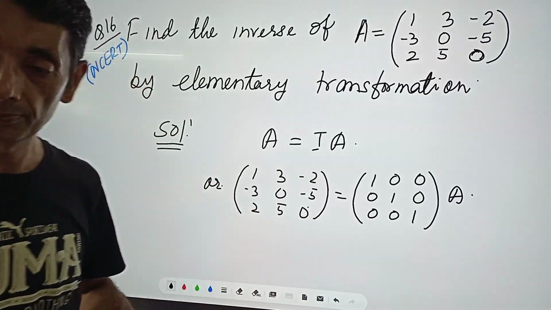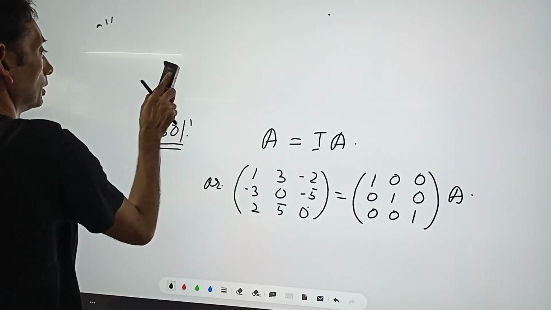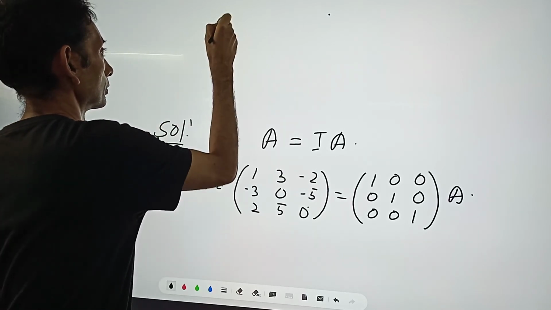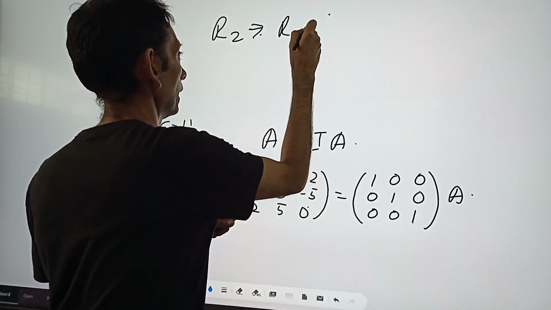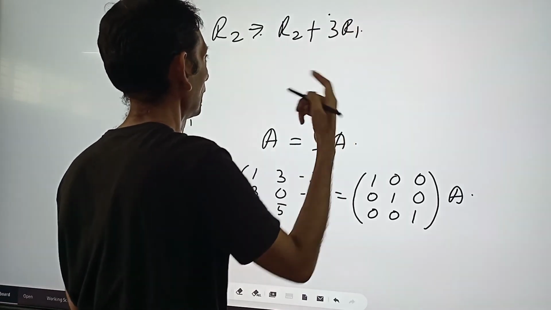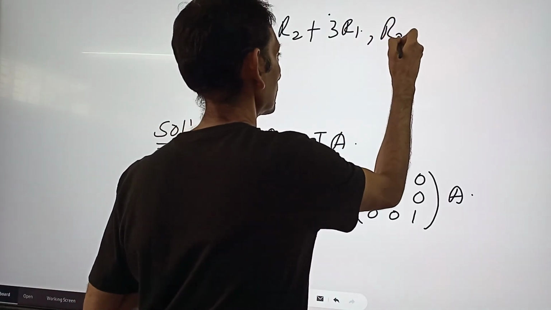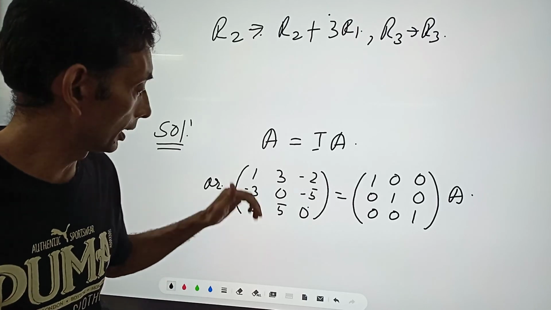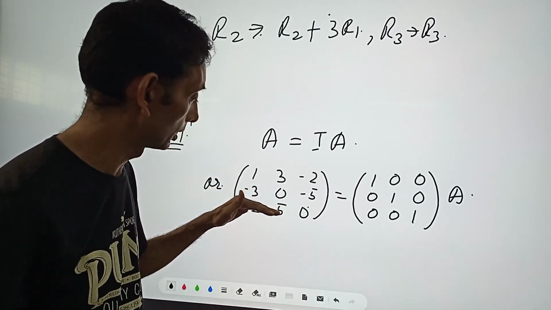You can use these operations together. For R2, we change R2 to R2 plus 3 R1, multiplying the first row by 3. Similarly for R3, we multiply R1 by minus 2 and add it to R3.